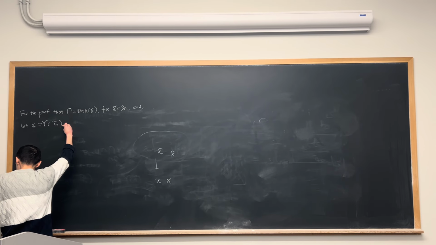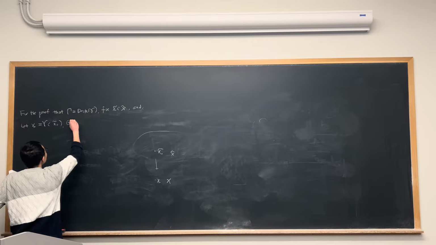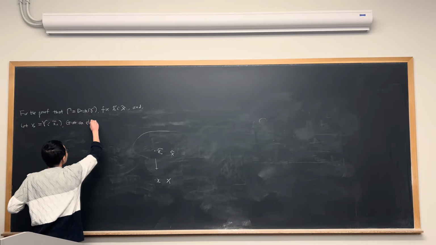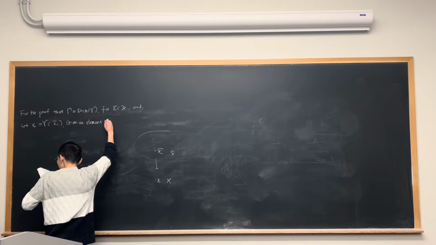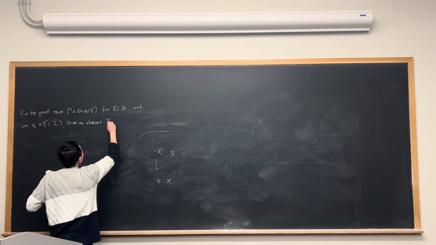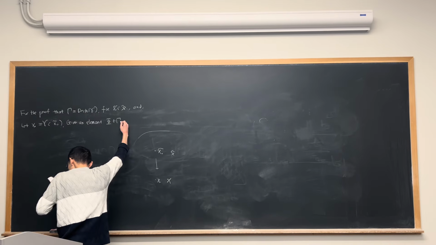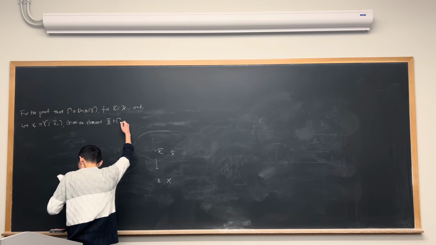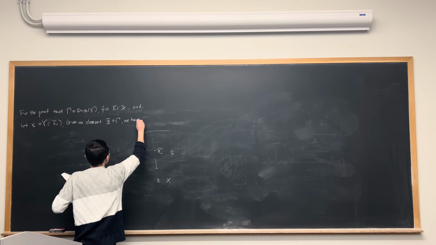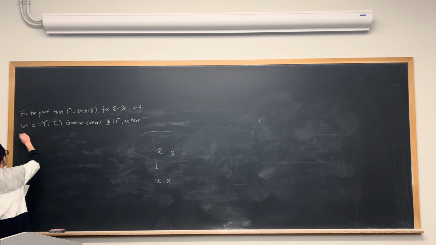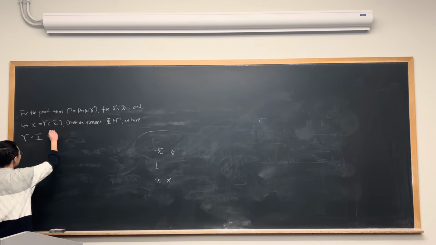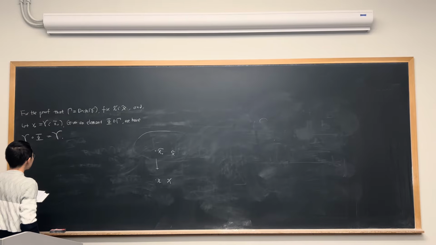Given an element phi in this gamma, we have that this vertical gamma composed with this phi is equal to the vertical gamma. Let's see why it is true.